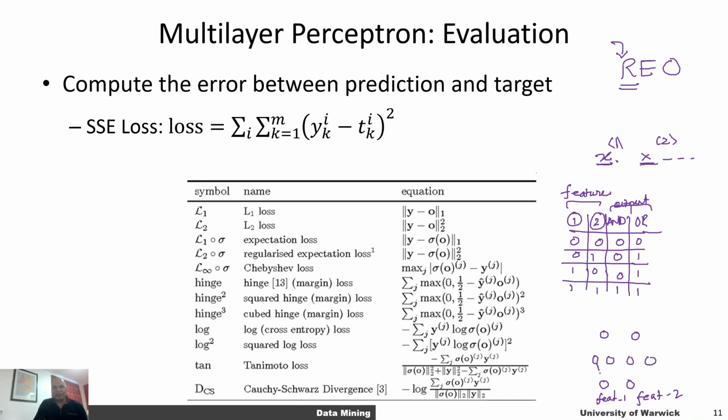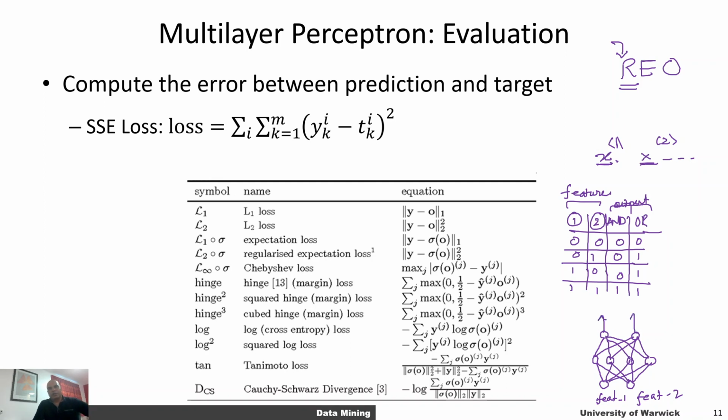Each of these neurons in the hidden layer is connected to each of the inputs. And then each of these hidden layer neurons is going to be connected to all the output neurons as well. So this is the simple structure of your neural network for this case.